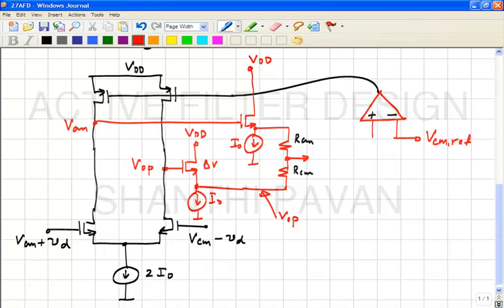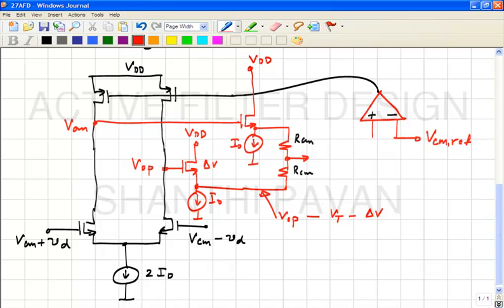What is the gate source voltage? The source voltage is the gate voltage minus the gate source voltage, guys. What is the gate source voltage? Vt plus delta V. So what must be the source potential? VOP minus Vt minus delta V.